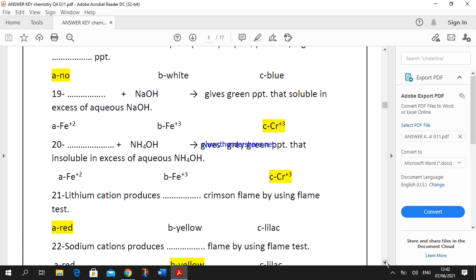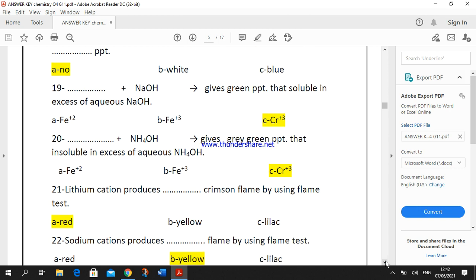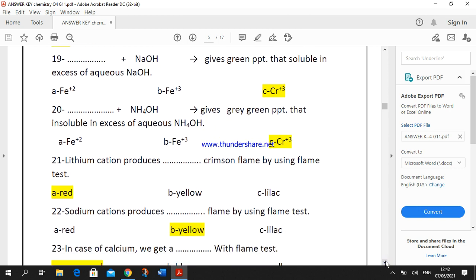Number 19, the chromium cation with sodium hydroxide reagent gives a green precipitate that is soluble in excess aqueous sodium hydroxide. Also, when we add ammonium hydroxide to the chromium cation, it gives a gray-green precipitate that is insoluble in excess aqueous ammonium hydroxide.